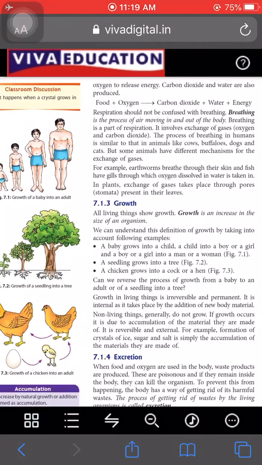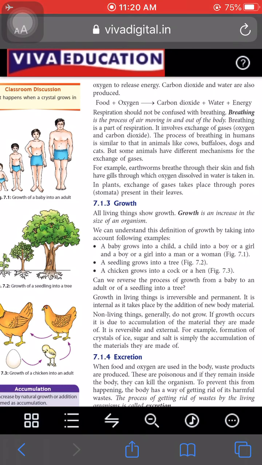The process of breathing in humans is similar in animals like cows, buffaloes, dogs, cats. But some animals have a different mechanism for exchange of gases, because some animals live on land and some live in water. According to their habitat conditions, the mode of respiration is also different in different animals.